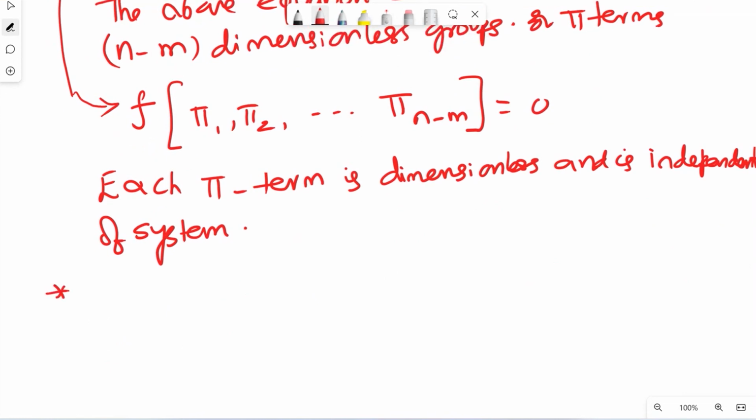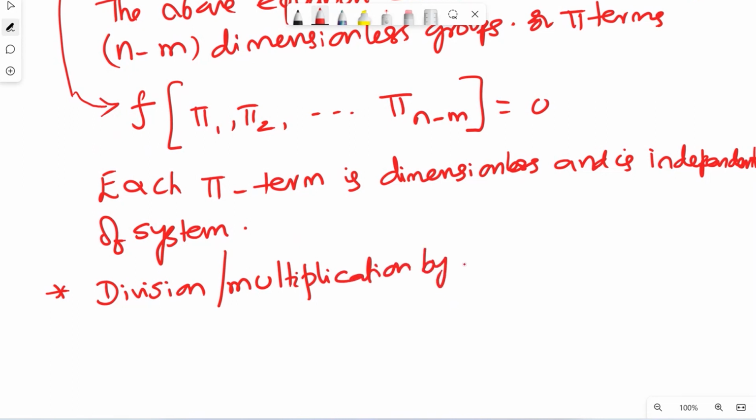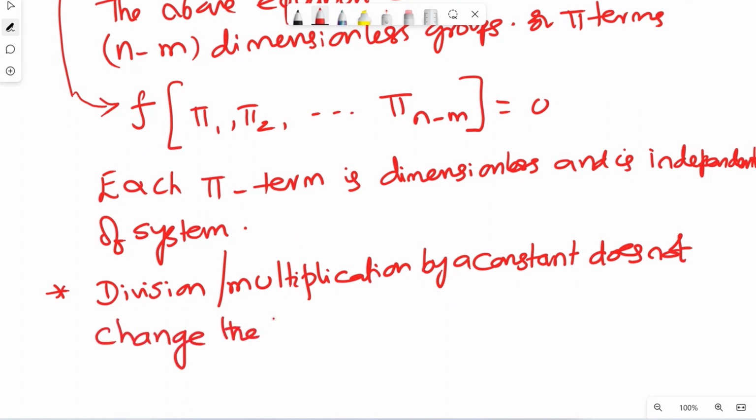Please note that division or multiplication by a constant does not change the character of a pi term.